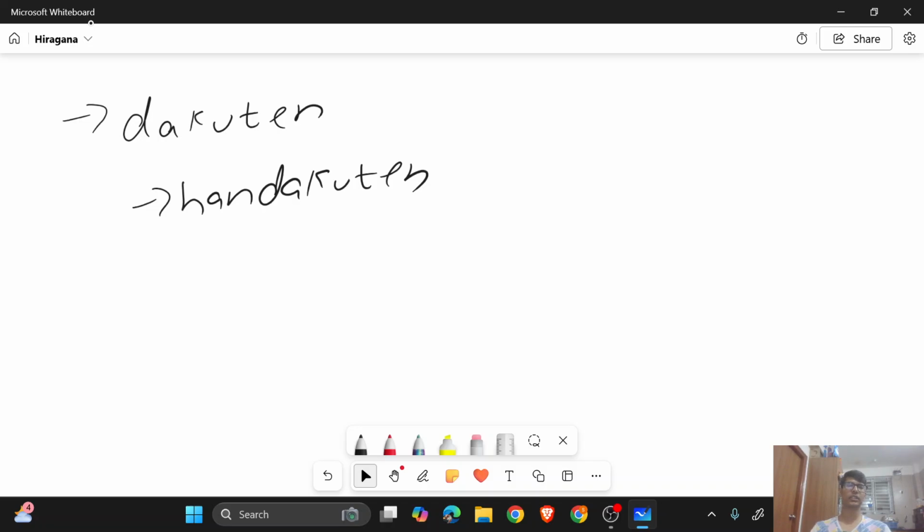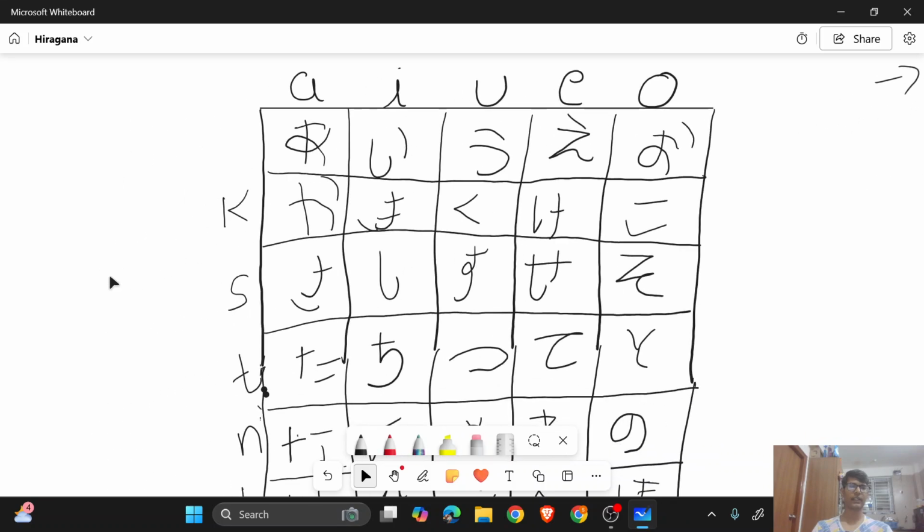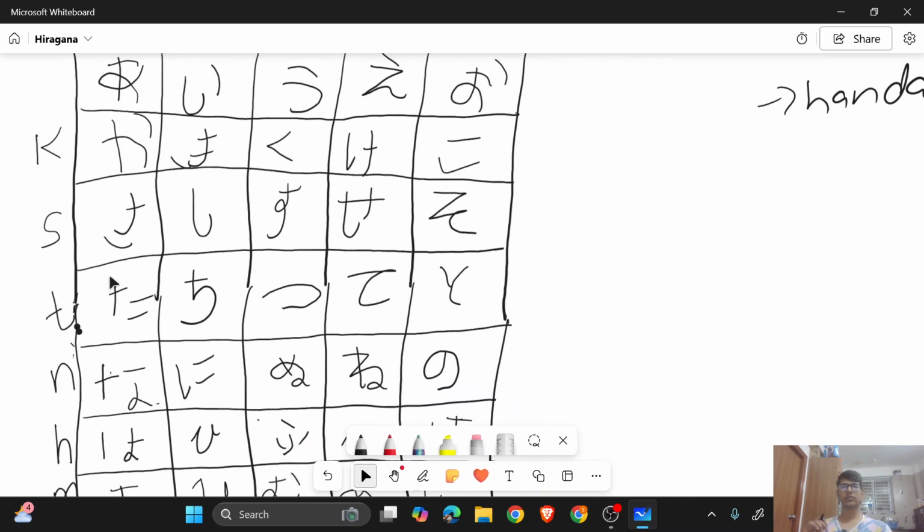What this does is, in dakuten, we add two dots together with the characters to prolong the sounds that come from the vibration of our throat.